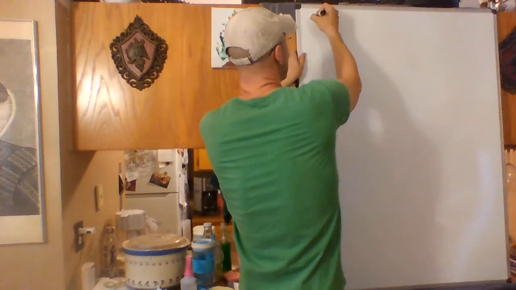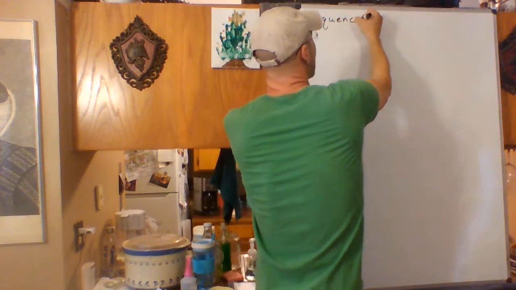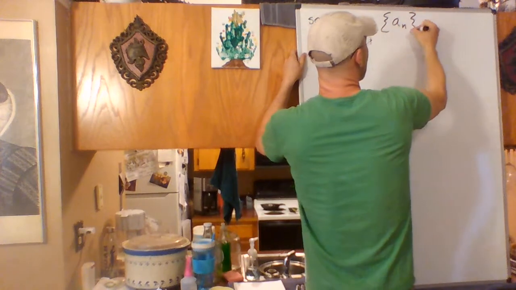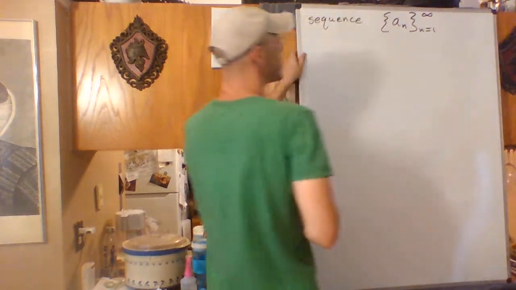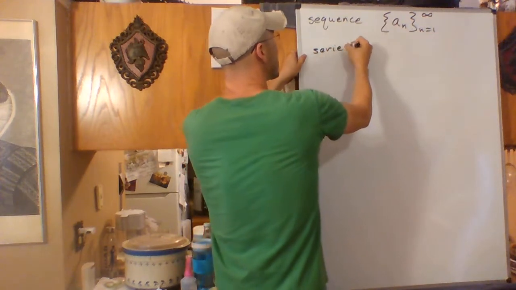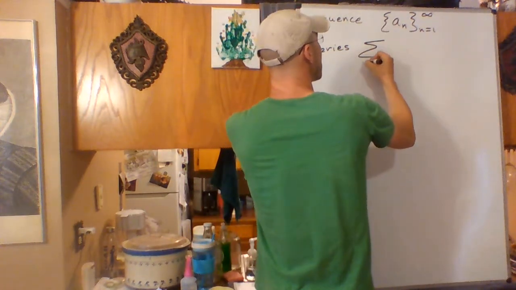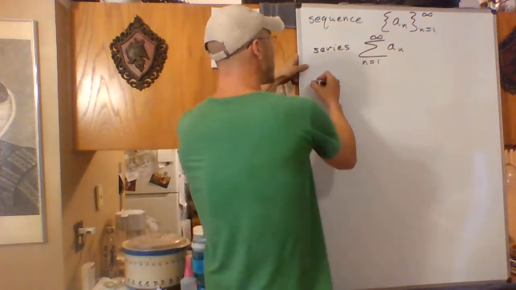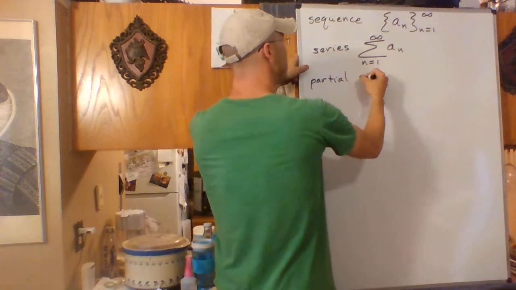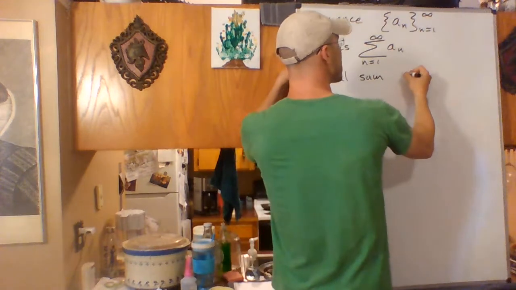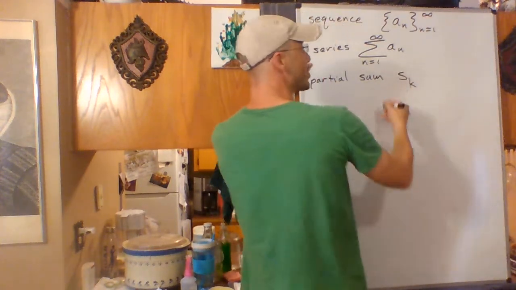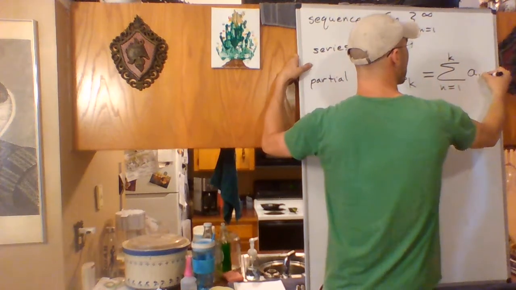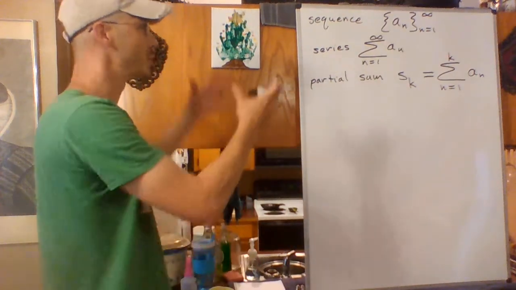The context is that we have a sequence, and I'm going to use the full notation a_n, n equals 1 to infinity, and a series, which is the sum of all those values from the sequence, and then the partial sum s_k, the kth partial sum, is the sum of the first k of those terms. So that's what we need for this definition.